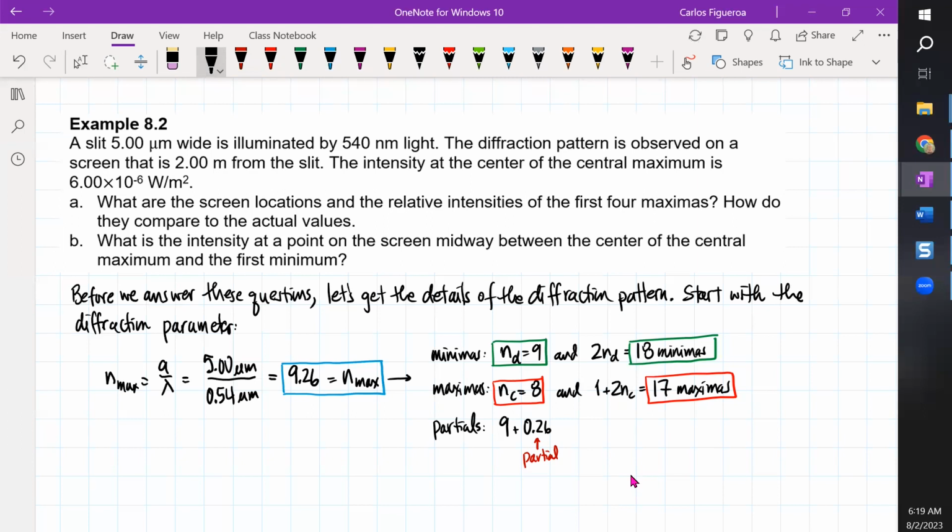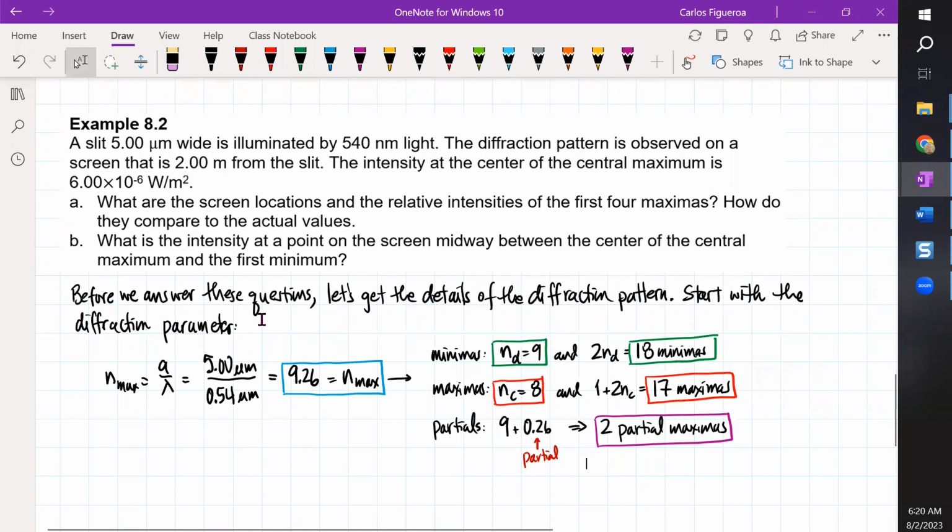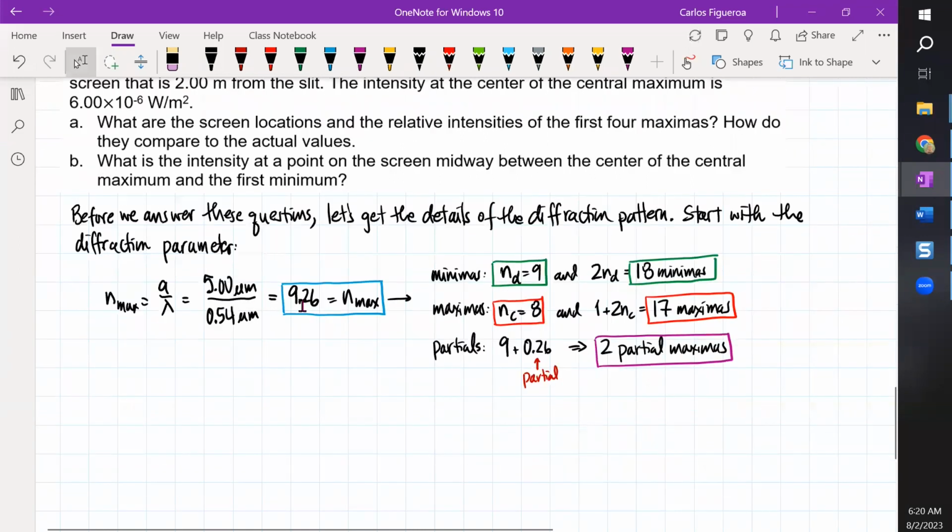So I now have two partial maximas. So now, if I put everything together, I really have 18 minimas, and I should be able to see 9 maxima somewhat. Of course, the two partials are dim.